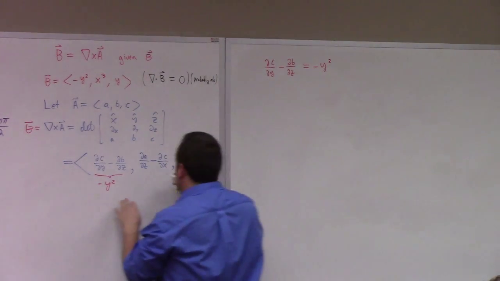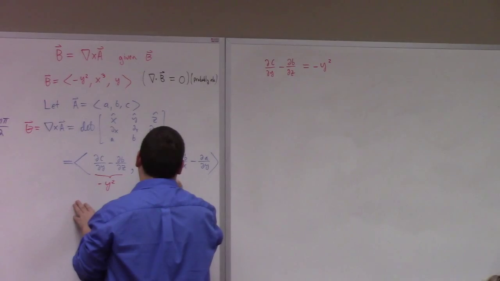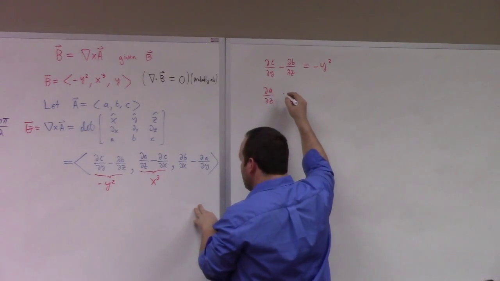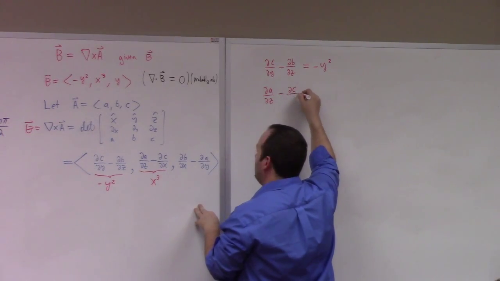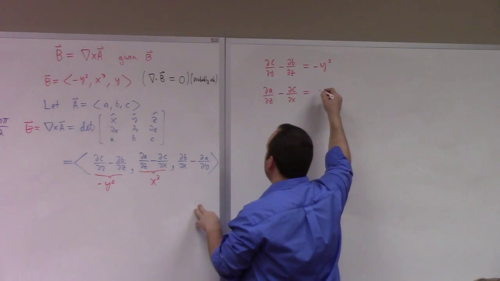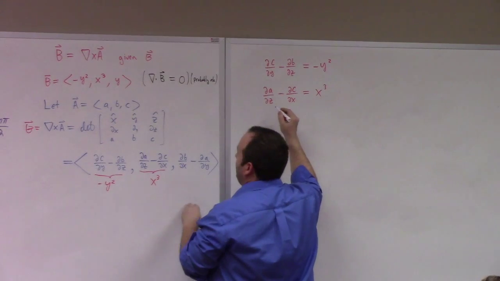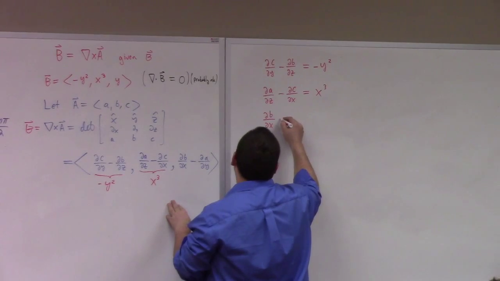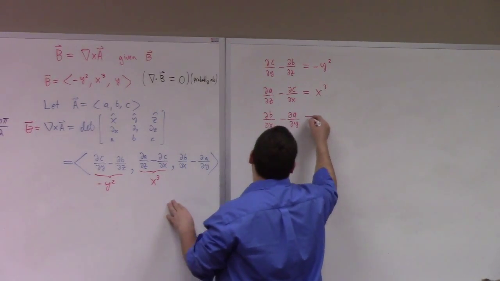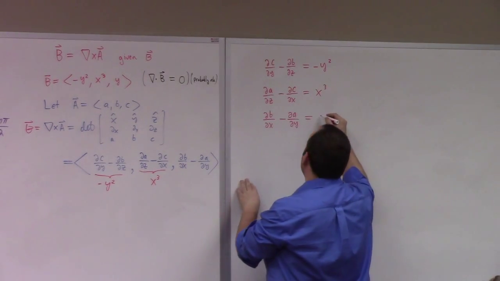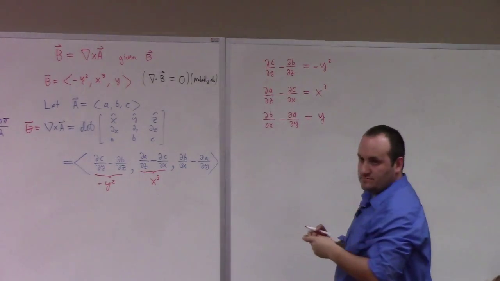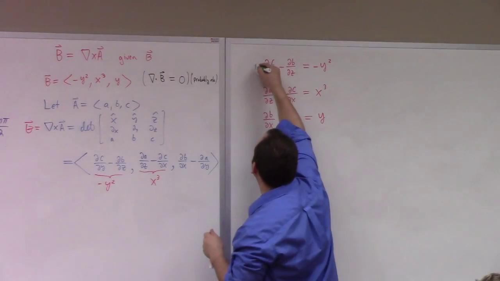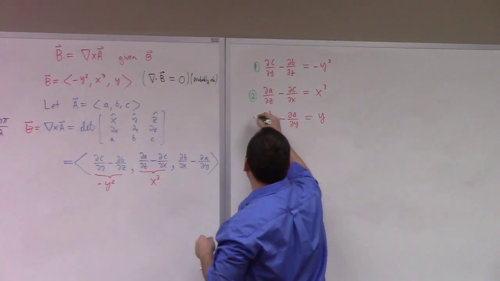And the y component gives x cubed, so I need partial a partial z, minus partial c partial x is equal to x cubed. And I need that partial b partial x, minus partial a partial y is equal to y, right? Let's number these 1, 2, 3.